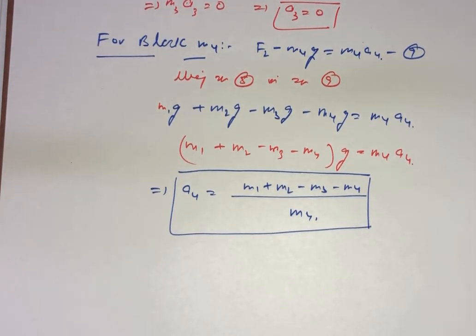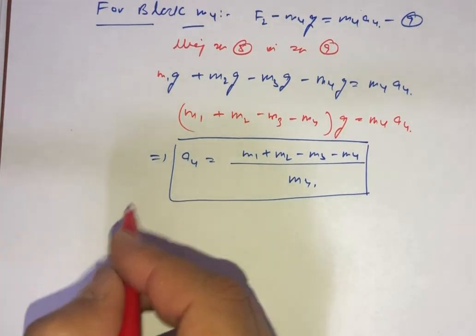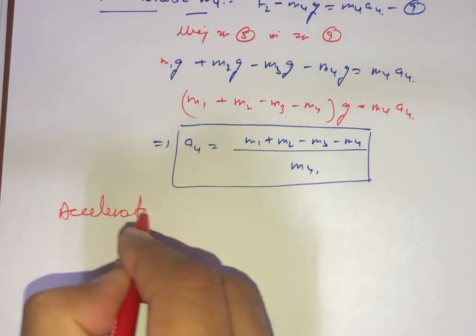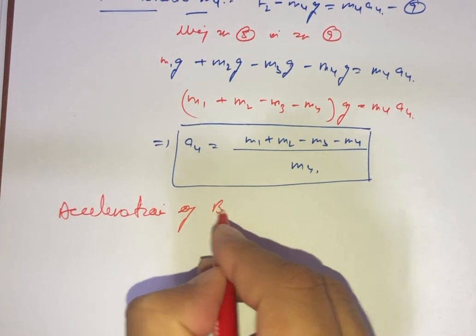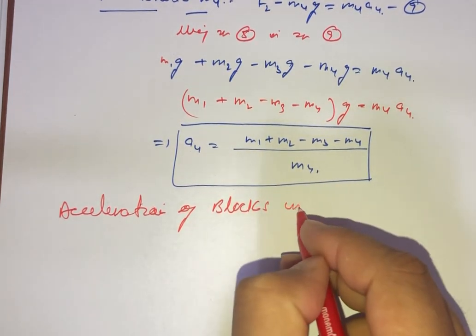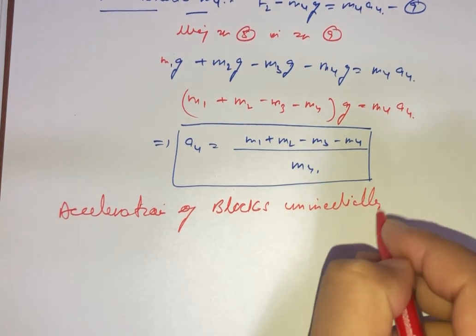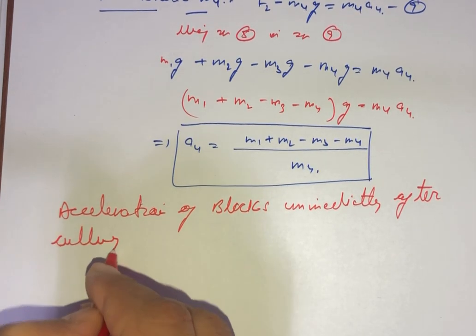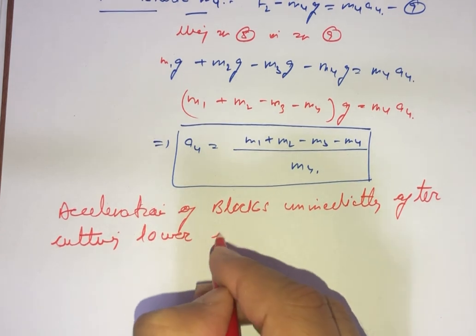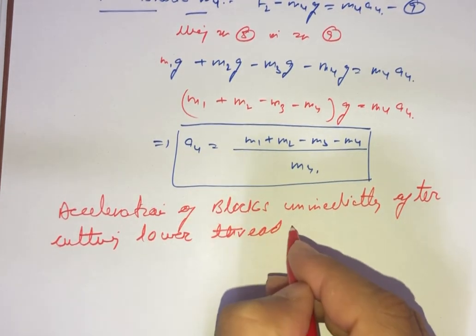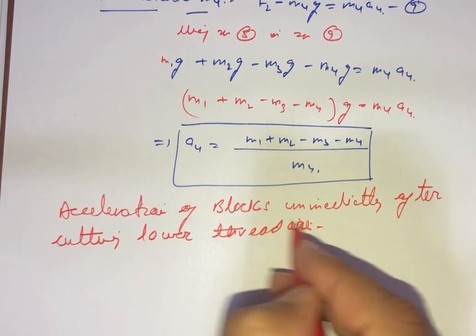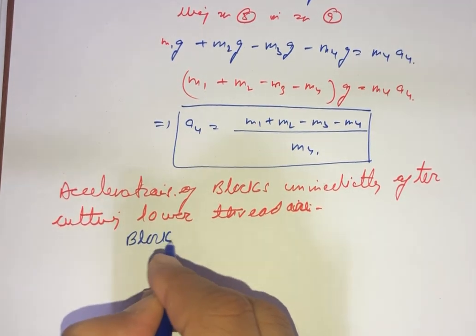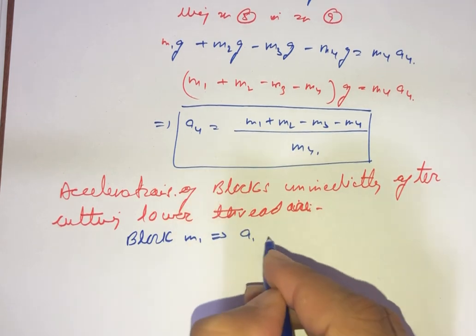So we can clearly see the accelerations of the blocks immediately after cutting the lower thread are: block M1 has acceleration A1 equal to 0.